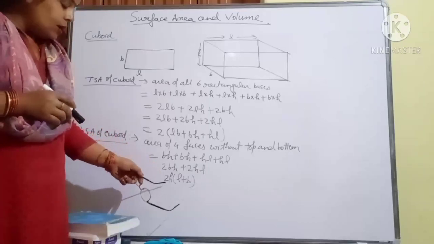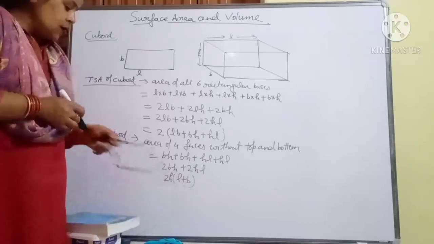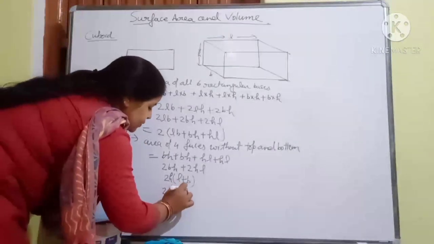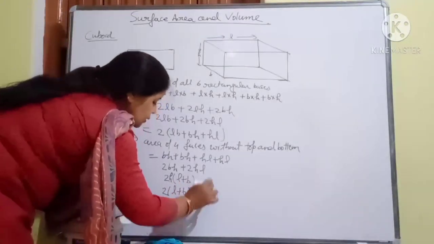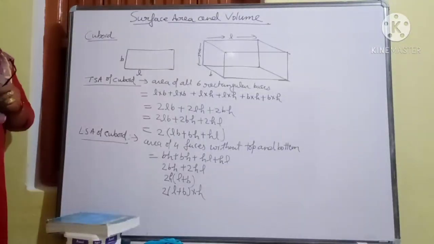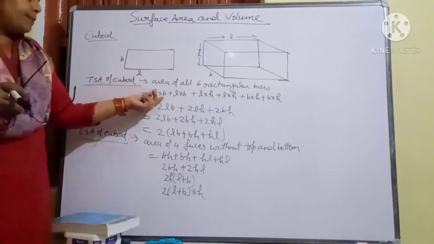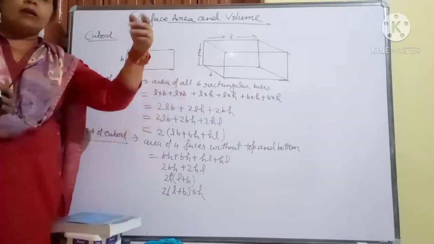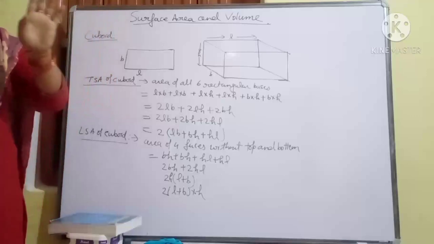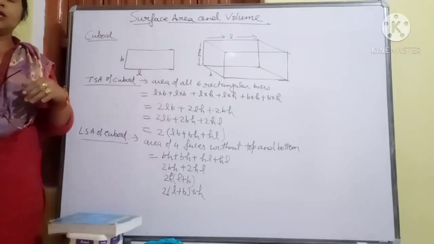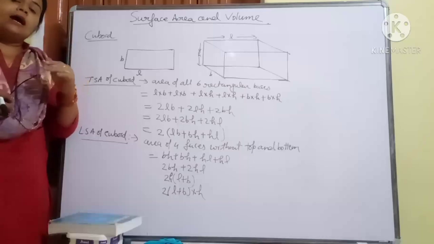Here in which form I have written 2H, and you can also write it as 2(L plus B) multiplied by height. Okay, if suppose only one bottom face is there and the top is not there, at that time the top area will be removed from this formula, as I taught you in the case of cube. So when we come to the questions, at that time we will understand that one also.